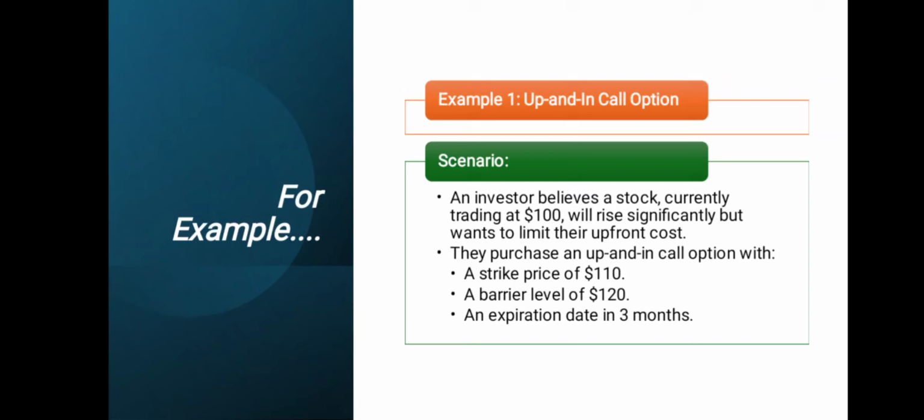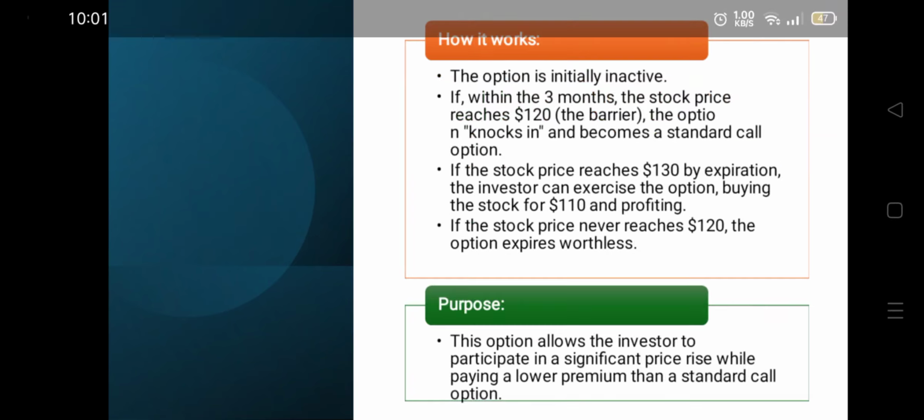An investor believes in a stock currently trading at 100 rupees. It may rise significantly, but they want to limit their upfront cost. So they purchase an option with a strike price of 110 and a barrier level of 120. The expiry date is 3 months.